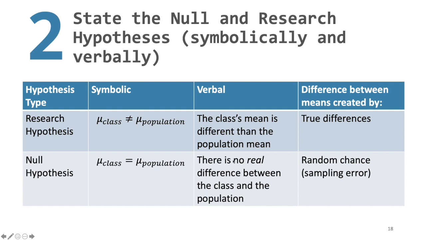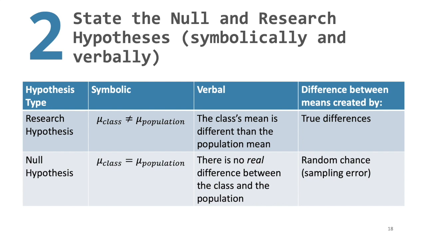And so the null hypothesis, when this is the case, means there's no real difference between the class and the population. So of course, our class's mean is not going to be exactly the same as the population's mean. But our question is, is that difference real because there's a real difference out there, or is it just random chance?